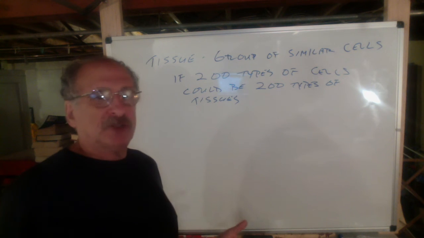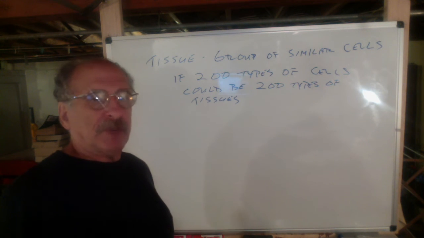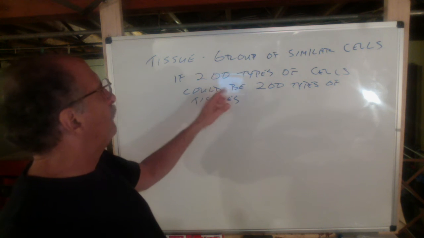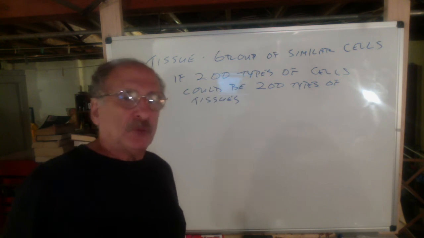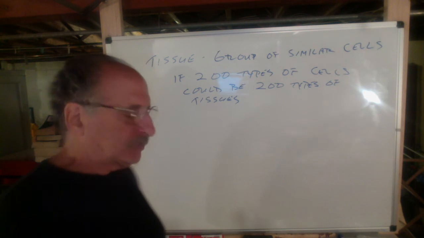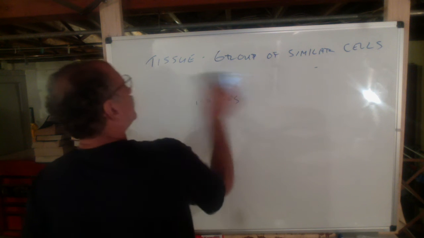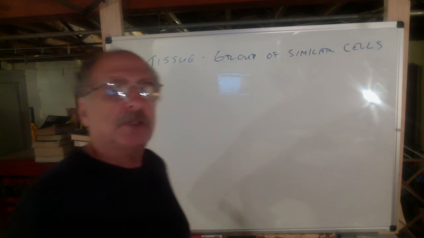If you had a bunch of skeletal muscle cells, that would be the second tissue. If you had a bunch of neurons, that would be the third tissue. If you had a group of the 200th type of cell, that would be the 200th type of tissue. So there's lots of different types of tissues, but the number I'm going to focus on is the number 4.